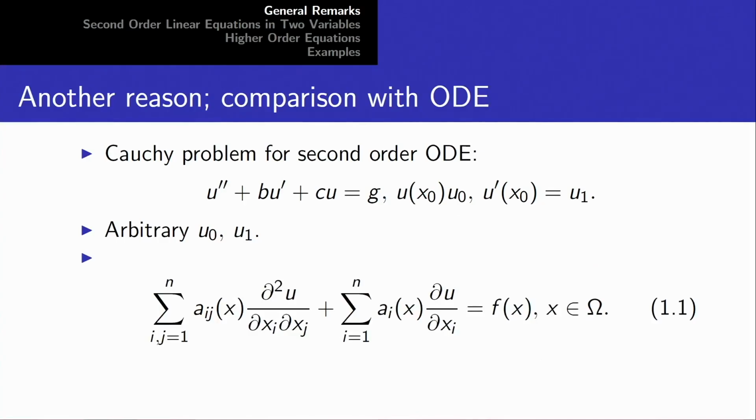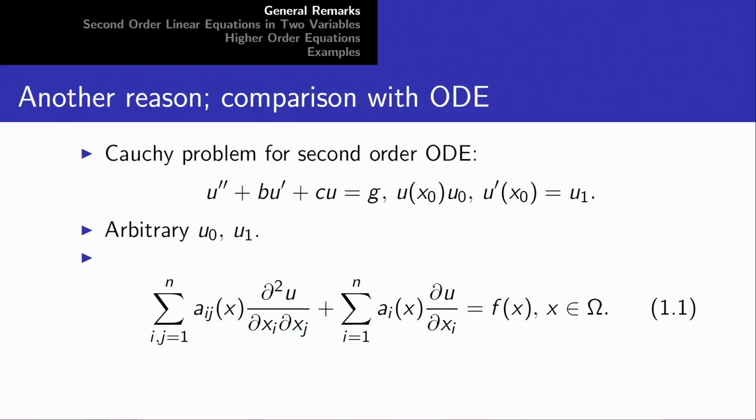For example, consider a linear second order equation in some domain in Rn. You can just take R2 for example. What is the Cauchy problem associated with this equation?